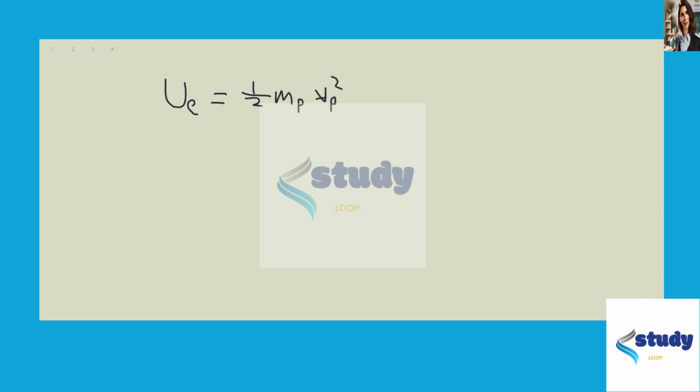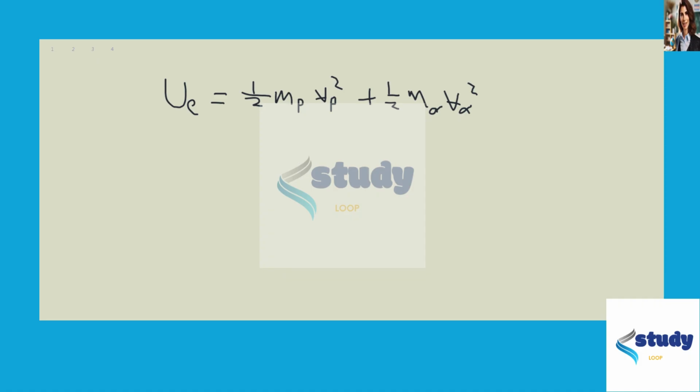The kinetic energy of the proton plus the kinetic energy of the alpha particle equals this potential energy in the starting configuration. Since when the particles reach infinity, they don't have any potential energy. All of their energy is going to be in the kinetic energy.